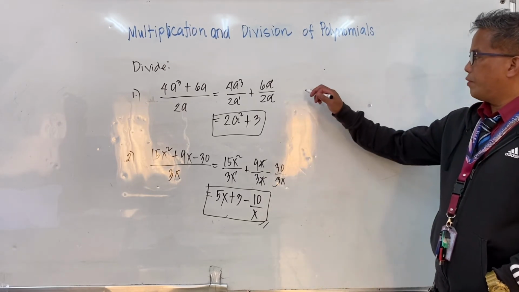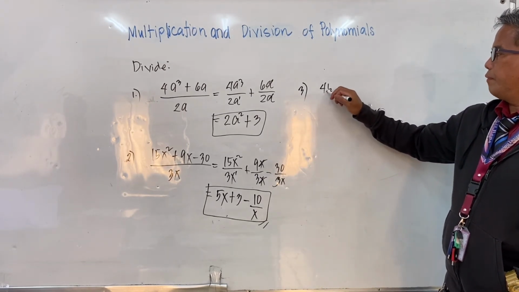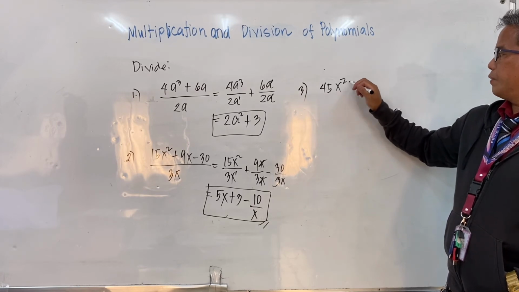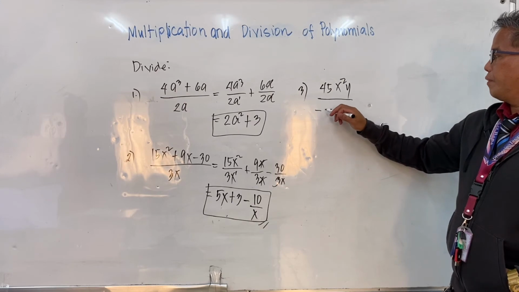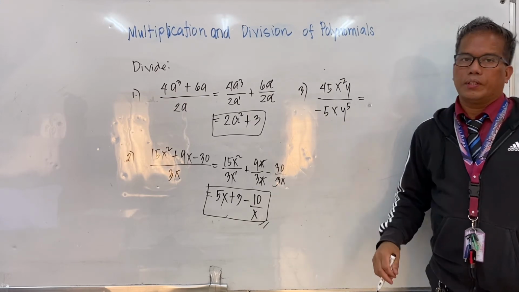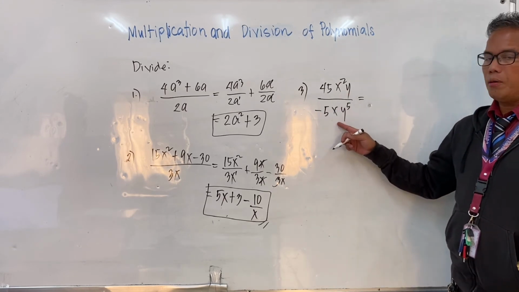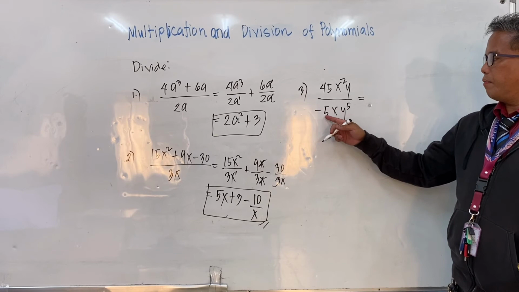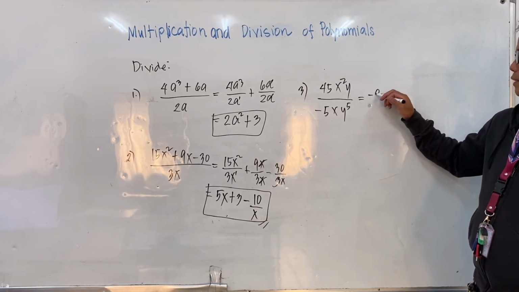How about this, number 3? We have 45x squared y over negative 5x y raised to the 5th power. So if you are going to divide this monomial to monomial, 45 divided by negative 5 is equals to negative 9.